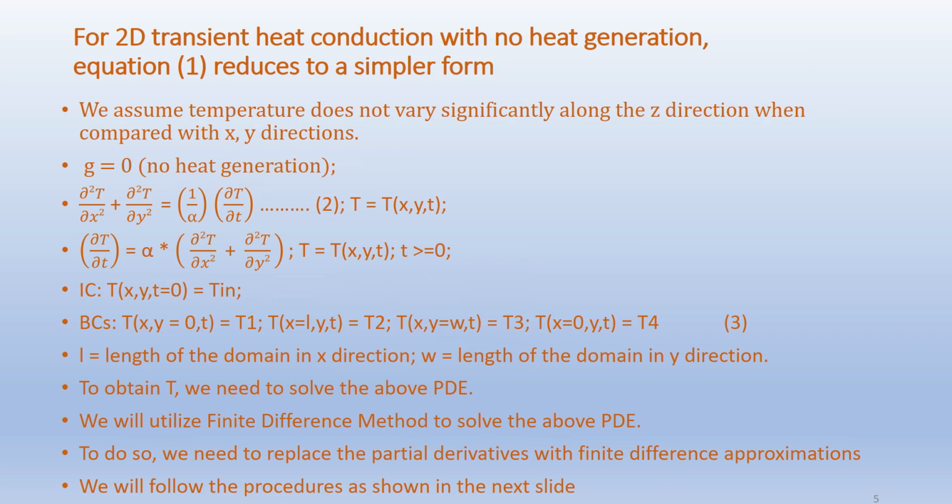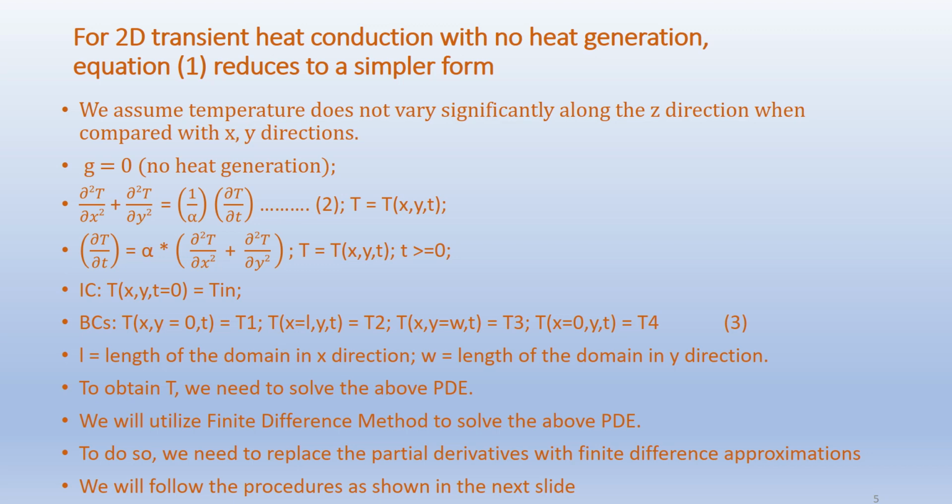For 2D transient heat conduction with no heat generation, equation 1 reduces to a simpler form. We assume that the temperature does not vary significantly along the z direction when compared with x and y directions. Also, there is no heat generation term involved, so g equals 0. ∂²T/∂x² plus ∂²T/∂y² equals 1 over alpha times ∂T/∂t, and T is a function of x, y, and t.